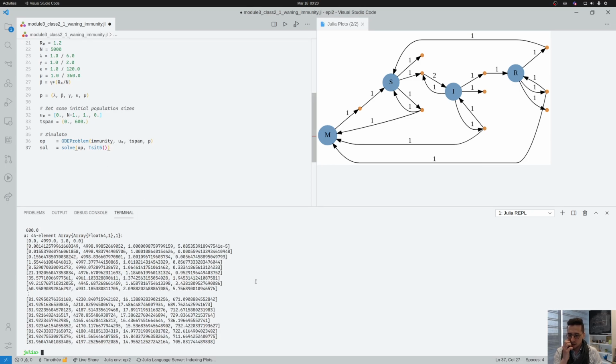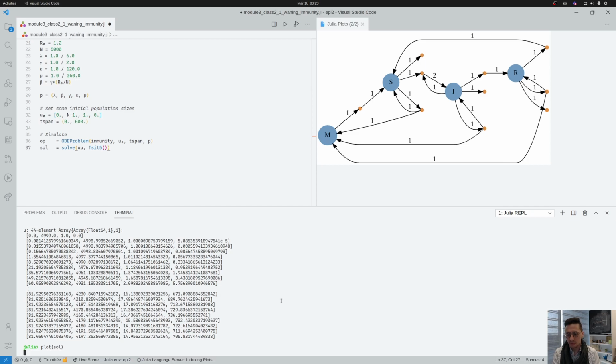Let's plot it. So if we do plot of the solution, what we are going to see is the behavior of the different compartments of the model over time.